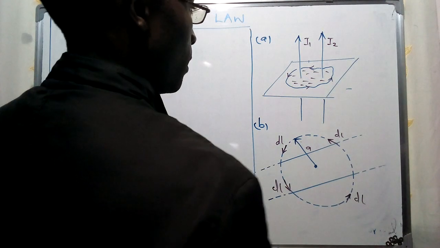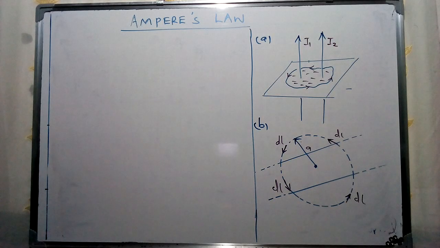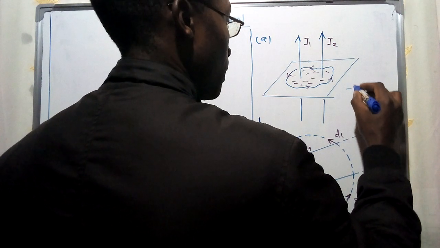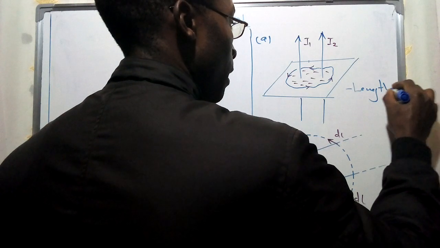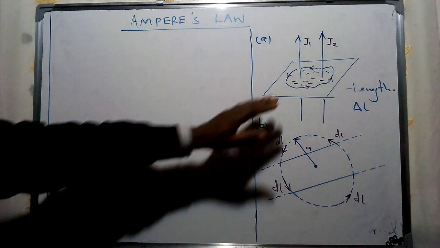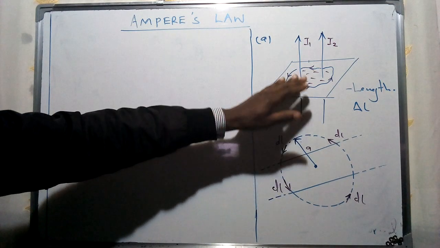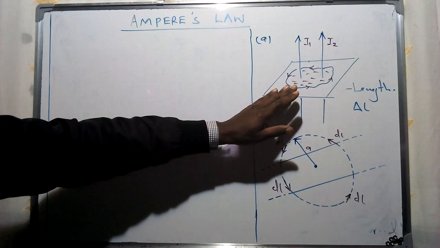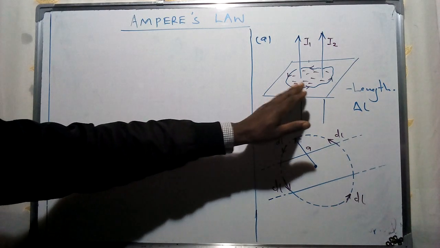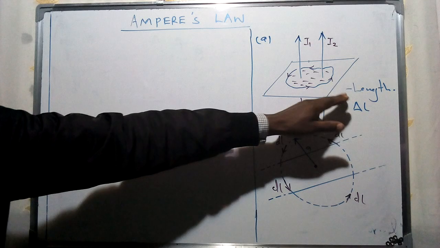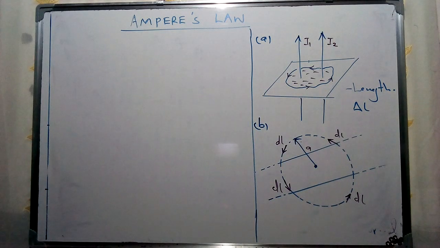We're going to assume that these segments each have a length delta L. So this arbitrarily closed path is around the two current carrying conductors, and it's made up of short segments, each having a length delta L as indicated.